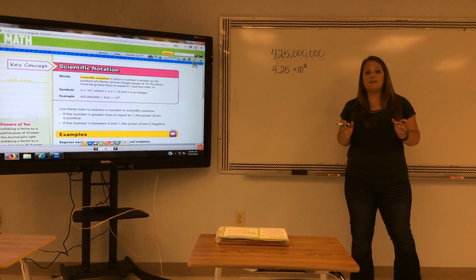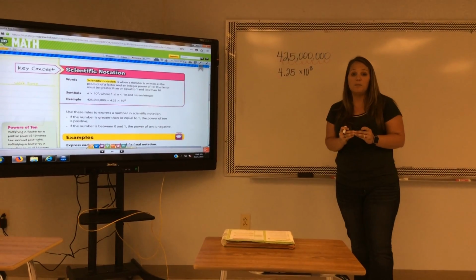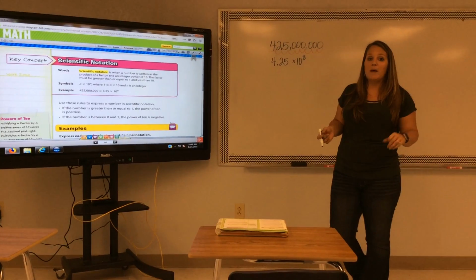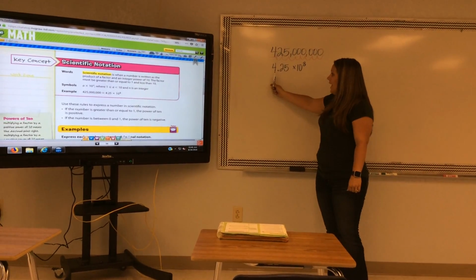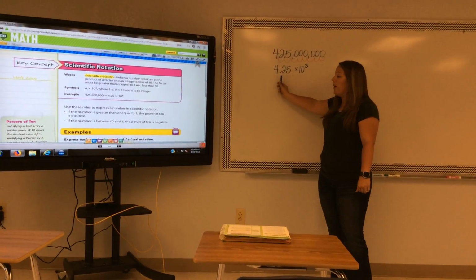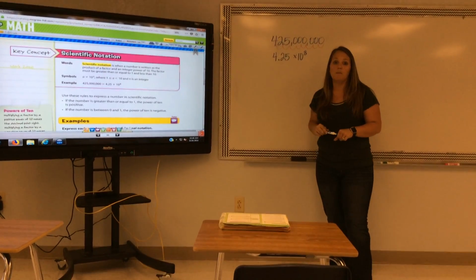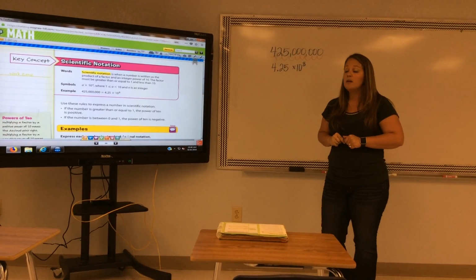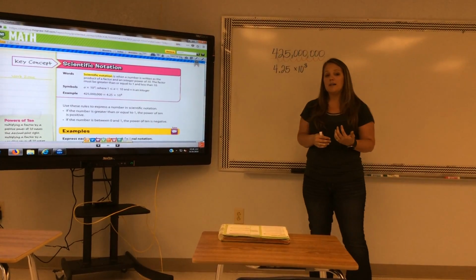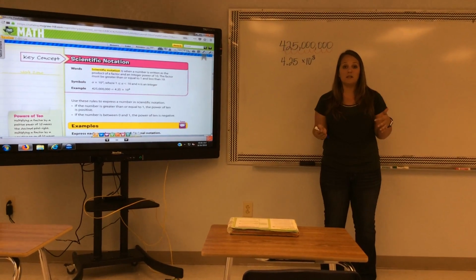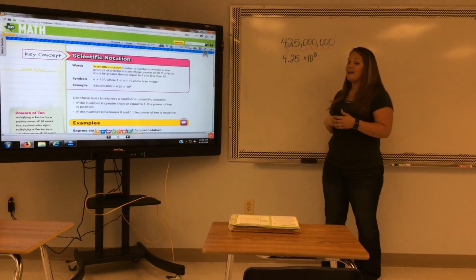A lot of times it makes really small numbers easier to compare and really big numbers easier to compare just by making sure that we have it in a ones place here, and then we're multiplying it by an exponent. We can compare those exponents first. Okay? Anytime you're trying to make a number smaller to be in between 0 and 1, like your decimal numbers, your exponent will be negative.